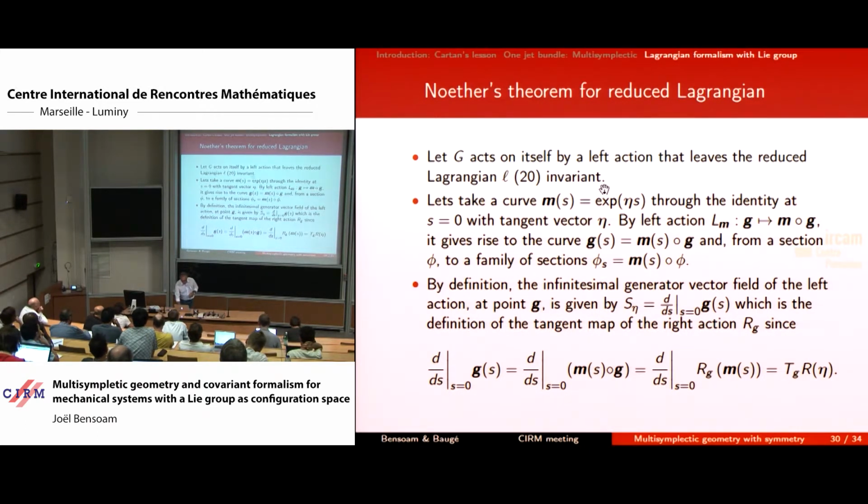If we have a symmetric field that leaves the system invariant, then we can compute the infinitesimal generator of this vector field.